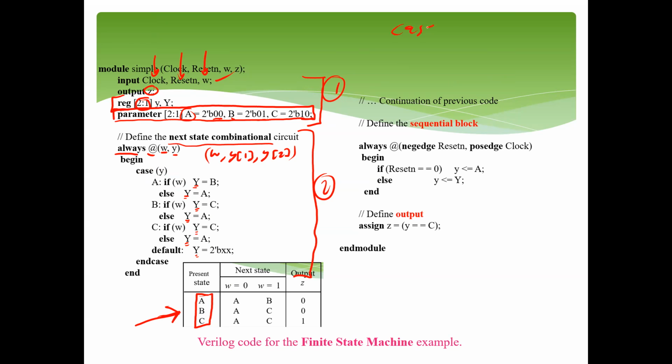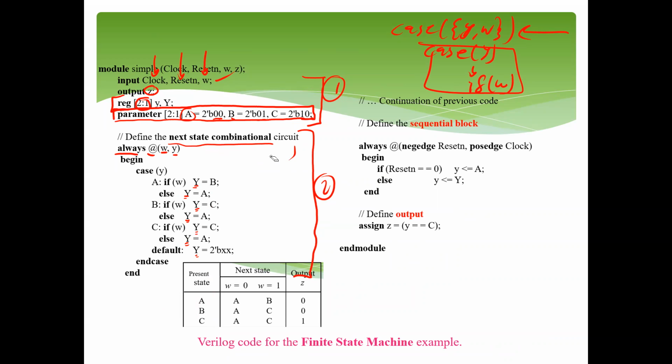Either you write case and concatenate Y with W, or you can make it case Y, and then inside your case statement, you check on the value of W using an if statement. Why did we do it this way? It makes it easier to write or to read directly from the state table. So let's take it step by step and see how this code is implemented.